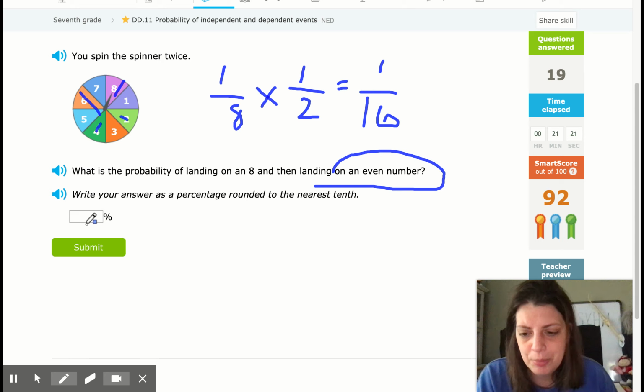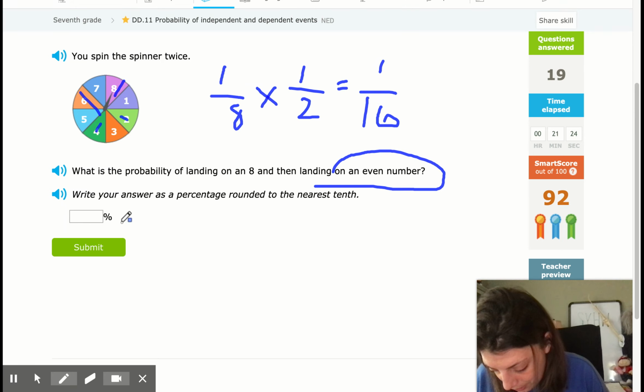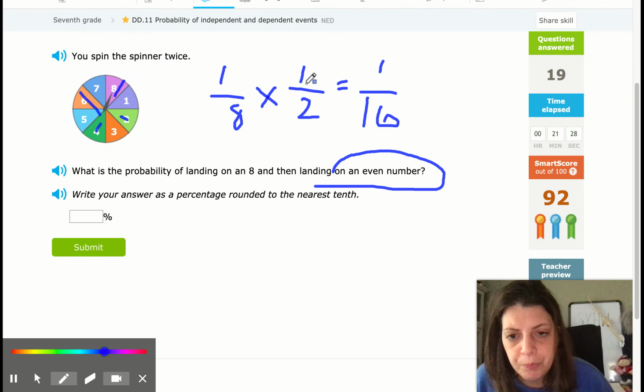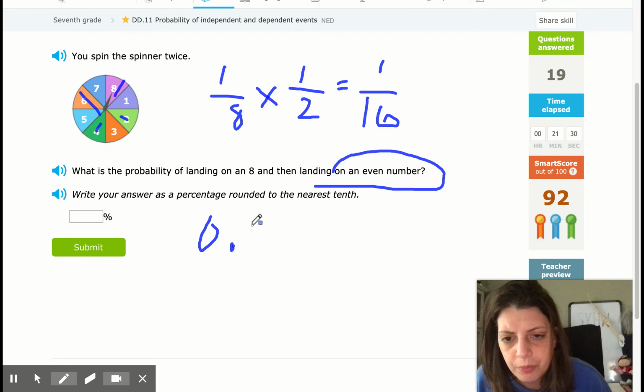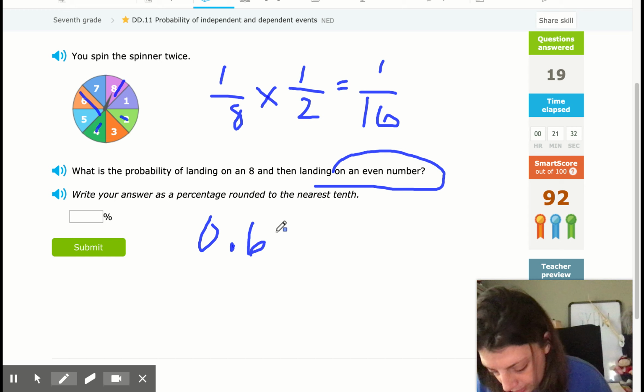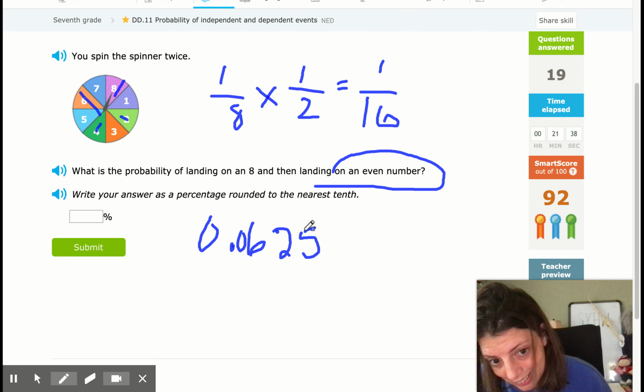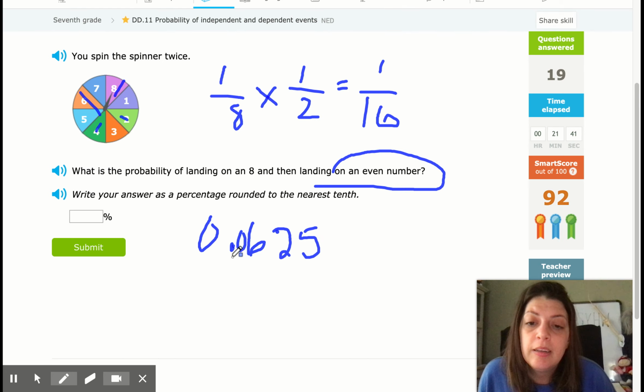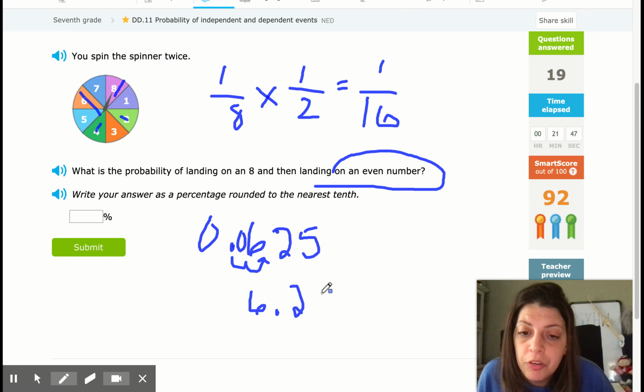And then I have to make this a percent. I'm going to use my calculator on my phone. Okay, so 1/16. Oh boy, look, I wrote it wrong. Which means it's a very tiny percentage. 6.25%.